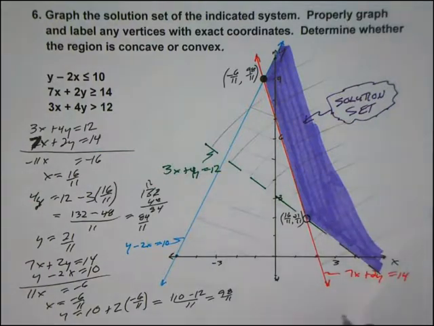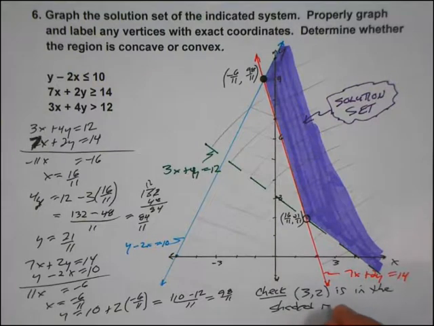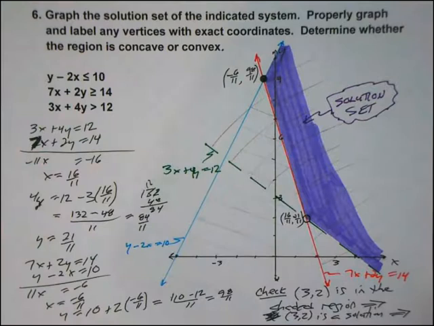So for our check, 3, 2 is in the shaded region, and that means that 3, 2 is a solution.